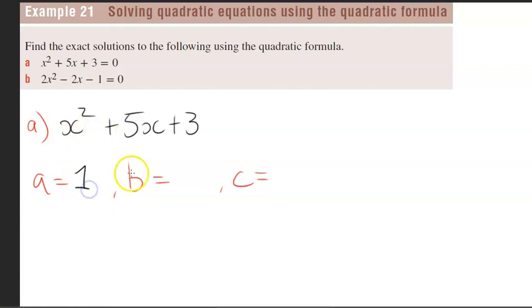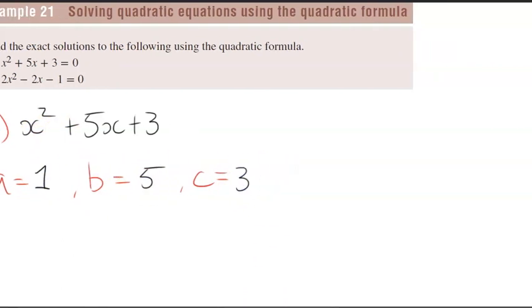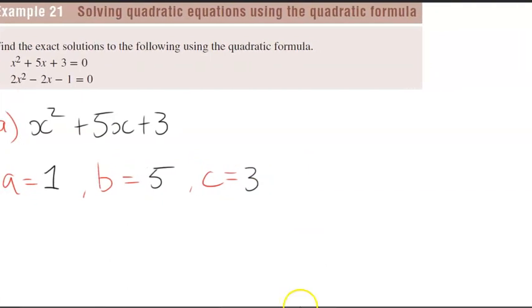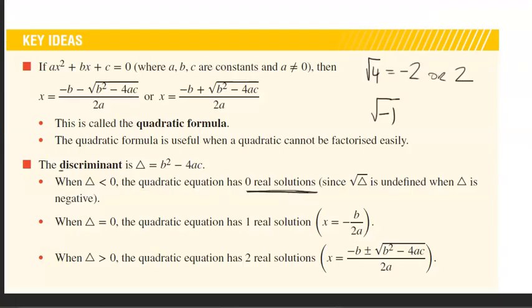a is equal to 1, b is equal to 5, c is equal to 3. Okay, what's our quadratic formula? So if you want to backtrack to here, this right here was our quadratic formula. x is equal to minus b plus or minus the square root of b squared minus 4ac, all over 2a. This formula, as long or as intimidating as it is, will become second nature.